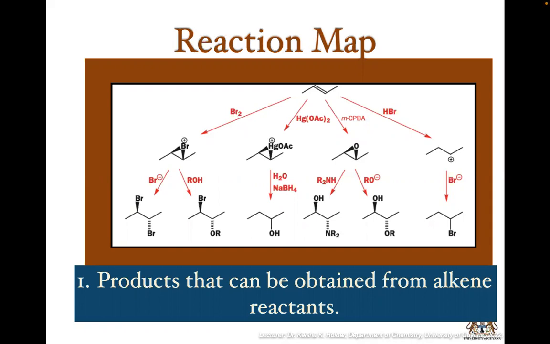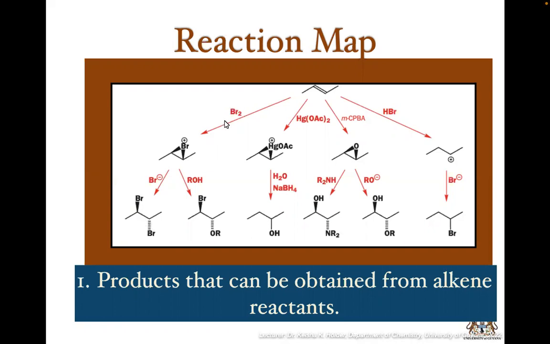the first compound on the left by way of a bromonium species, which if our bromination reaction conditions include only bromine, then our product would be a 1,2-dibromide in anti-orientation, right?